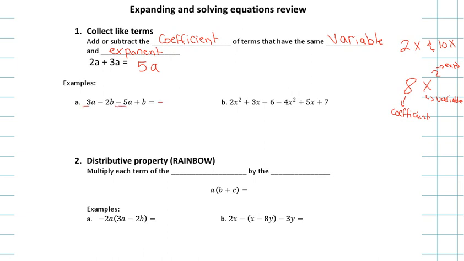Minus 2a. What would be the next two like terms? I have minus 2b plus b, that would be negative b. Right? Because I have minus 2 and I'm adding 1. So that's going to be negative 1 because 2 is the bigger number and it has a negative sign.